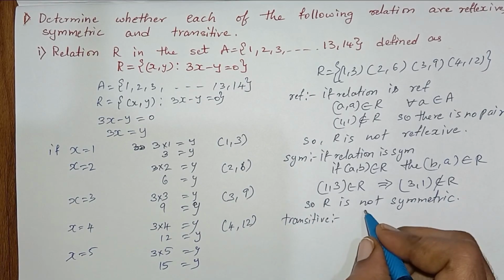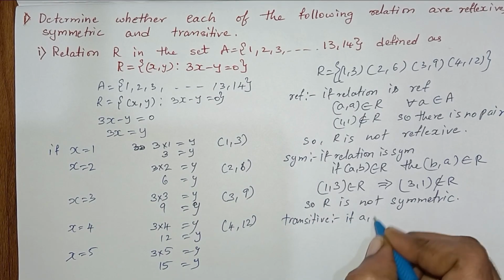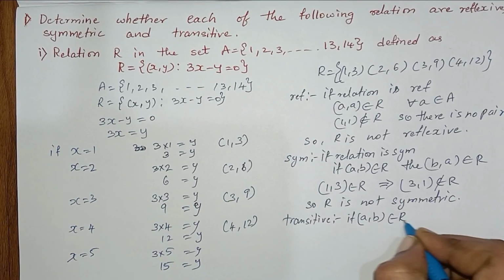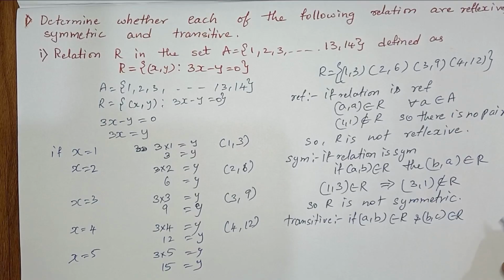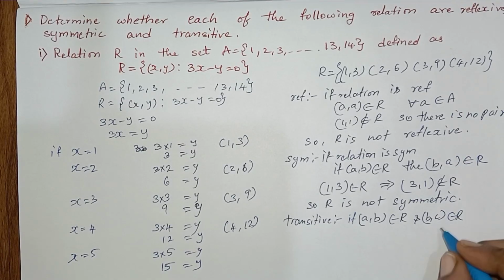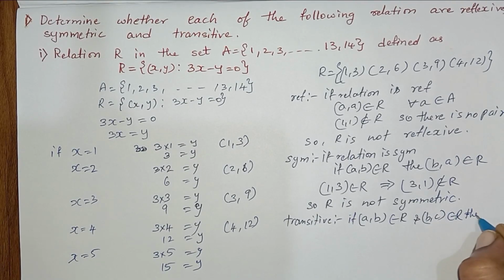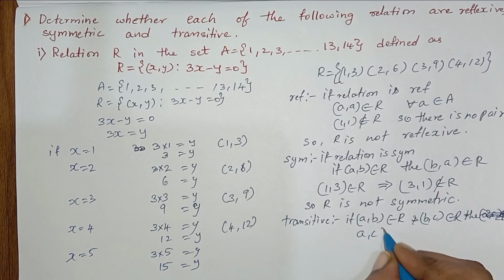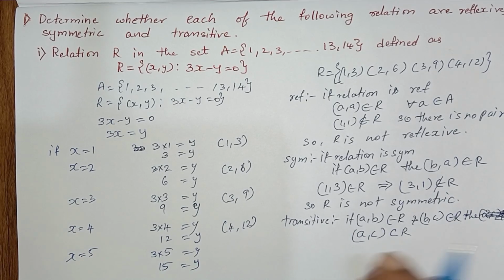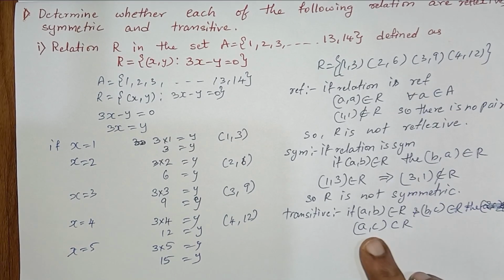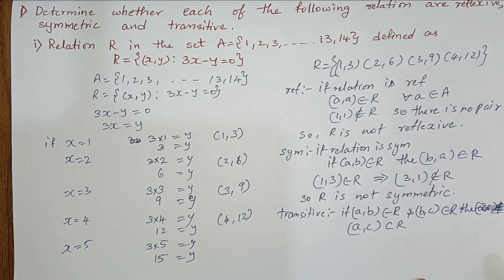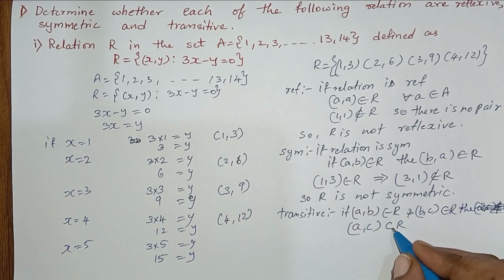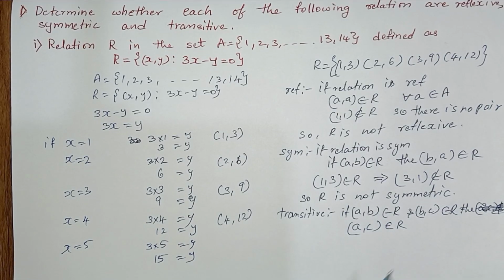So for transitive, if (a, b) belongs to R and (b, c) belongs to R, then (a, c) should also belong to R. Let's take one example.